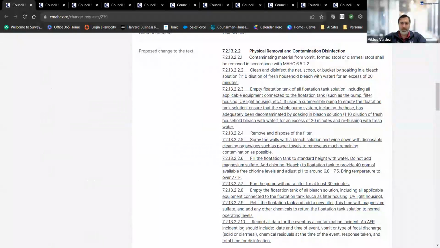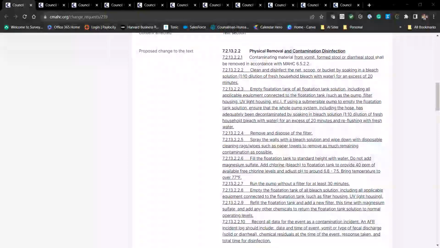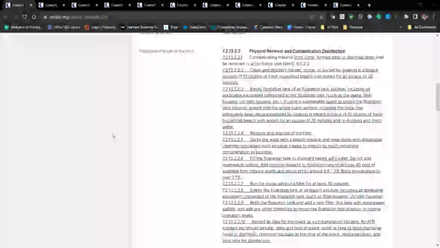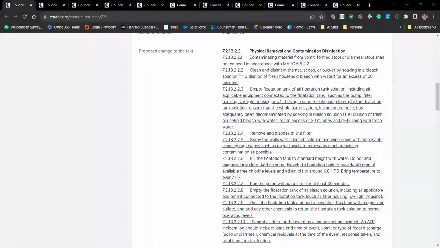And I am going to put the timer on. The only thing I noticed here, I like the increased detail, but this doesn't break it down for diarrheal or formed. It takes away blood entirely. In the rest of the MAC, we treat formed stool contamination differently from diarrheal stool.